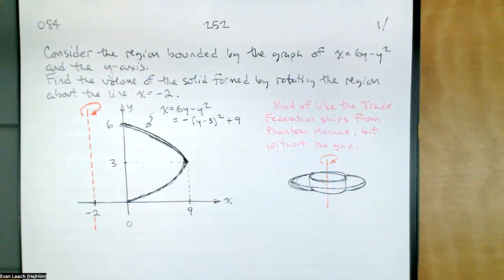Anyway, we're doing a volume of a solid of revolution, and we have two strategies for calculating this volume. We can either slice perpendicular to the axis of rotation, or we can slice parallel to the axis of rotation. Since the order that we went was slicing perpendicular first, that's what we could start with.